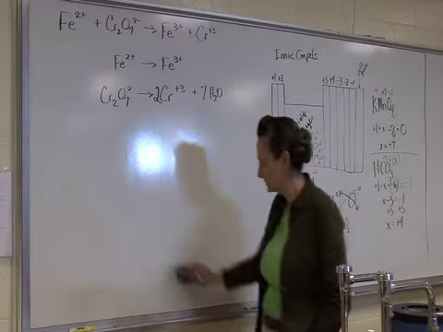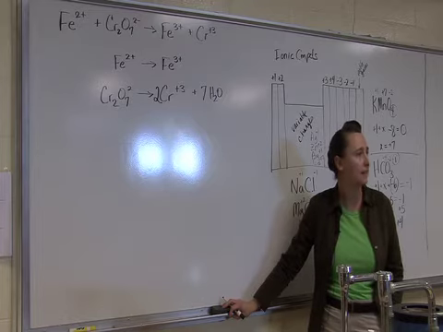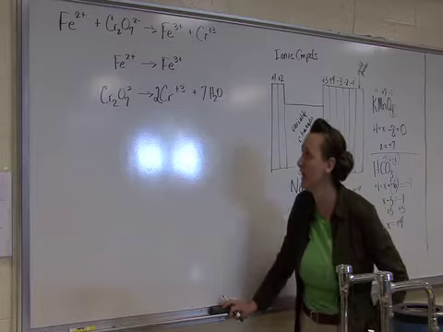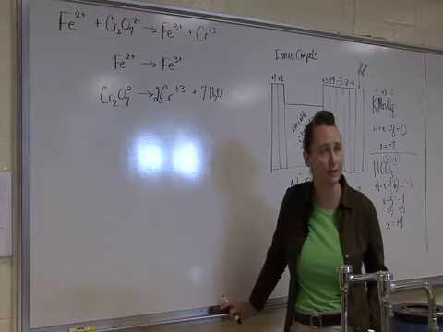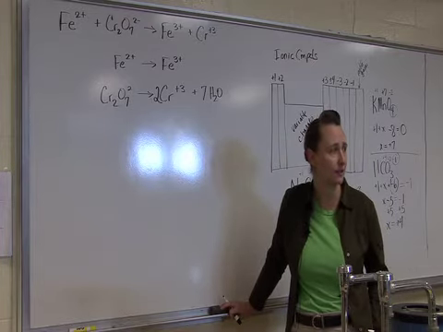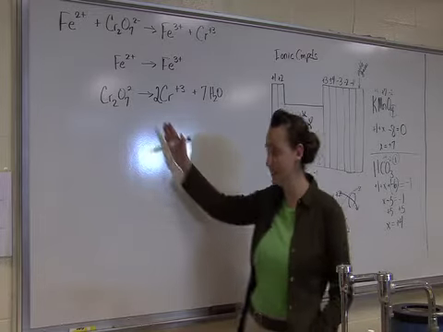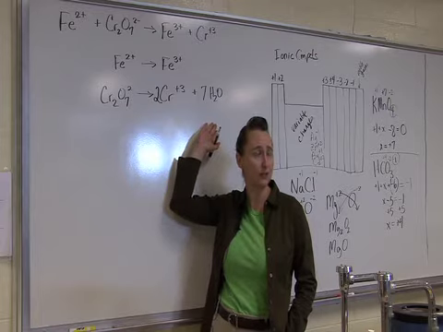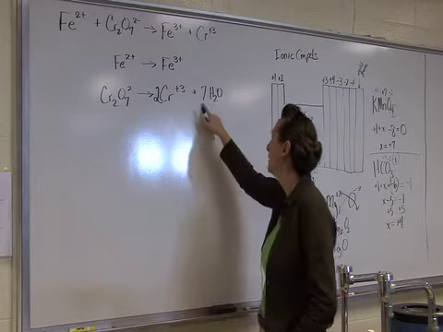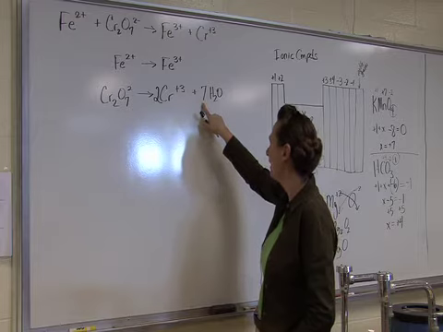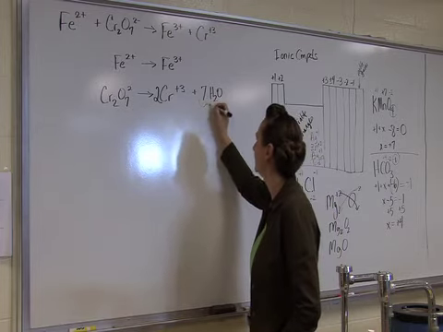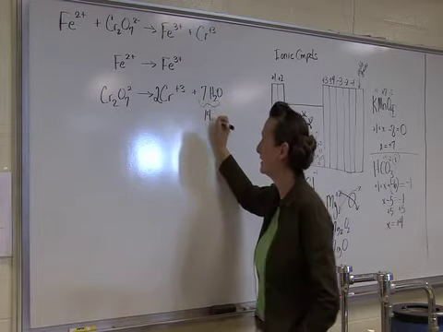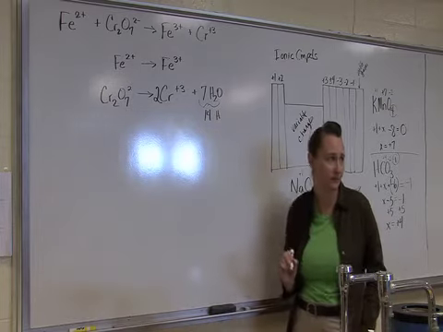And then the next step is to use H+ to balance any hydrogens that are in these reactions. Again, the first reaction, it's very simple. There's only iron in that one, so I do not need to add any hydrogen. In the second reaction, I didn't have hydrogen before, but now I do. I have some water there, so I have to make sure those hydrogens are balanced. So I have 14 hydrogens.